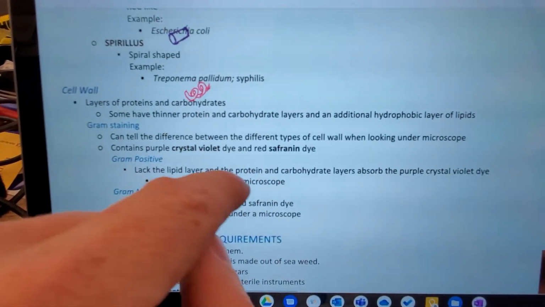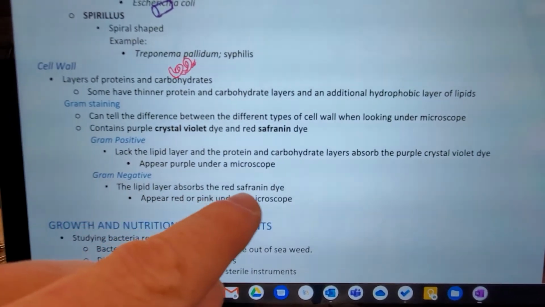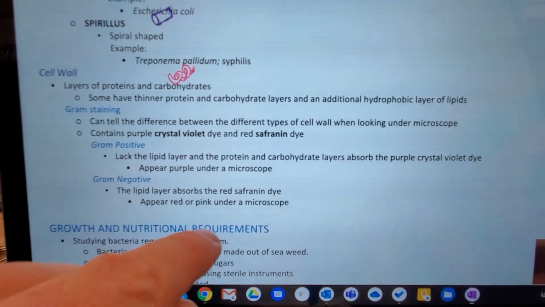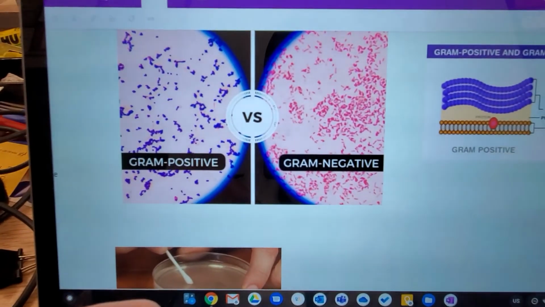That's what it's designed to do. The lipid layer absorbs the red safranin, and it appears red or pink under a microscope. So the bacteria that we looked at in our microscope lab were pink. Those were gram-negative bacteria. So yogurt bacteria are gram-negative.